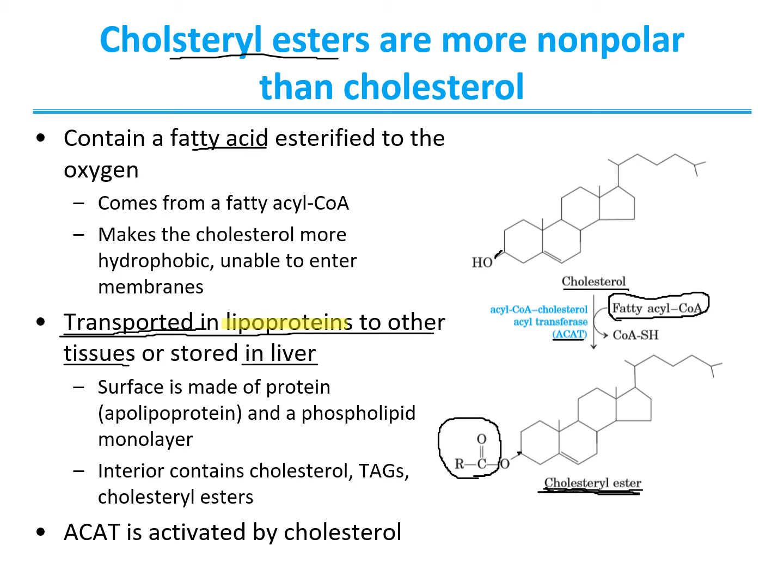Lipoproteins are the transporters for cholesterol esters, and their detail will come up later on. They are basically packaging molecules. The surface of these lipoproteins is made up of a special protein known as apolipoprotein and a bit of phospholipid. So outside it's protein and phospholipid, and in the interior of these lipoproteins we have cholesterol and cholesterol esters. An important thing to notice: this ACAT enzyme is activated by the cholesterol molecule itself, which is the substrate. So cholesterol, the substrate, is activating ACAT.